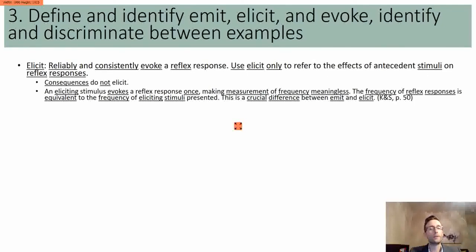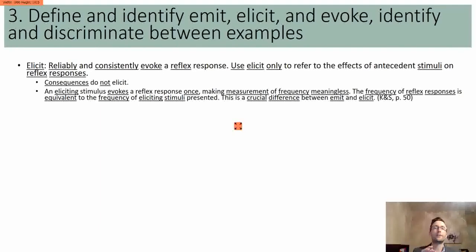In other words, it makes no sense to measure the rate or the frequency of behavior that is elicited. The frequency of reflex responses is equivalent to the frequency of eliciting stimuli presented.